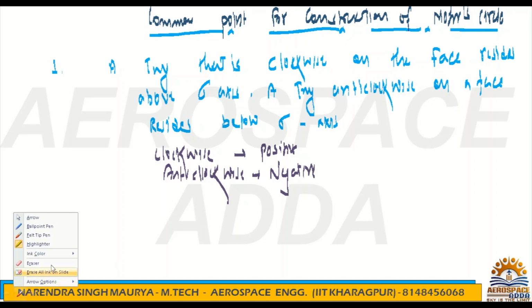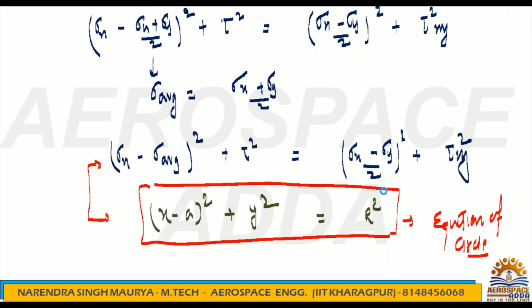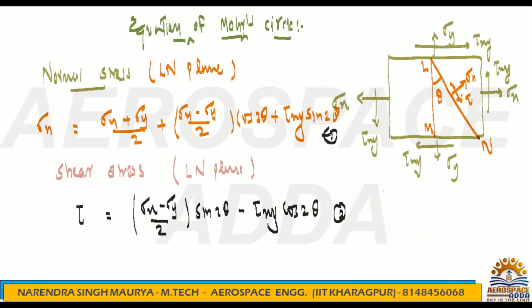Because tau xy, both clockwise and anti-clockwise will be there. Just now here I have shown you. See, this will be the clockwise tau xy, and this will be the anti-clockwise tau xy about CG. Suppose this is the CG, so about this CG, this tau xy will be clockwise, this tau xy will be anti-clockwise. Similarly, this tau xy will be anti-clockwise.